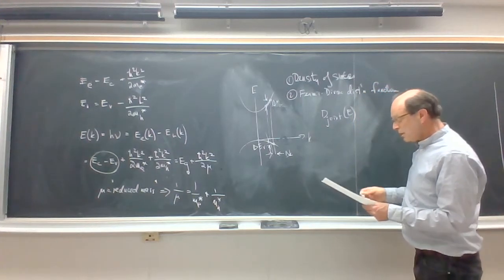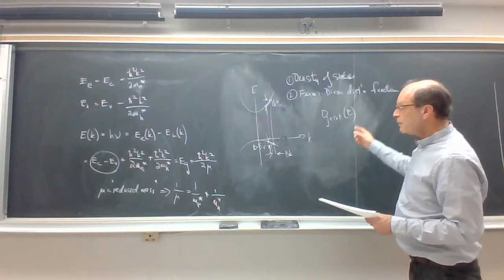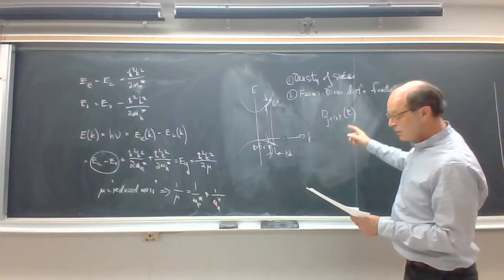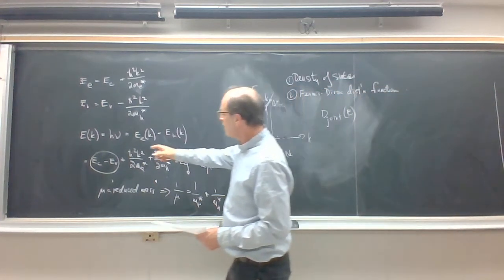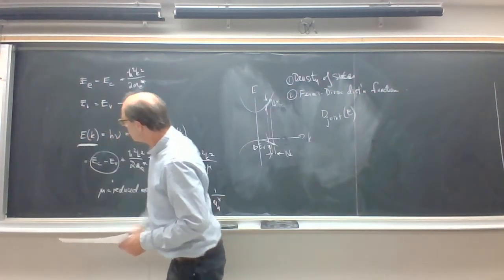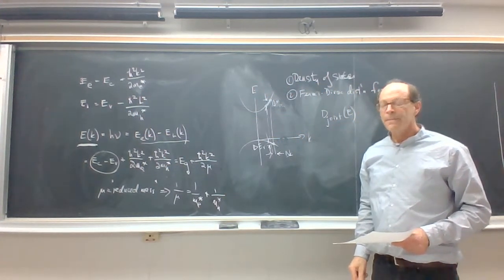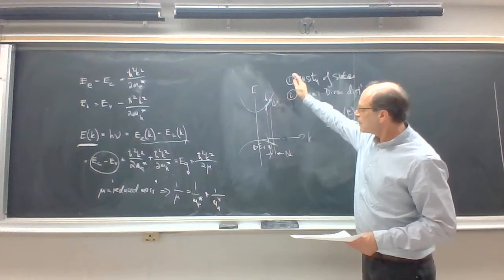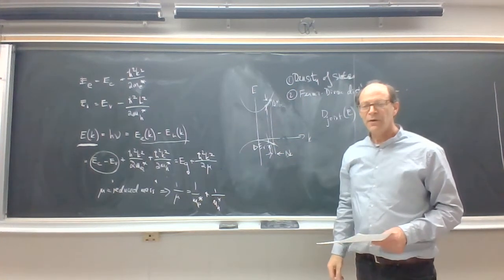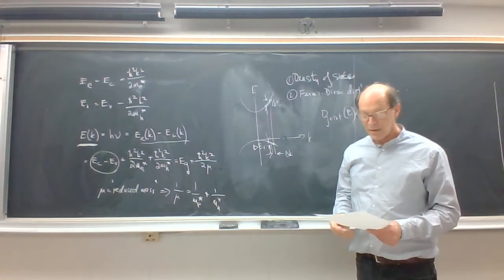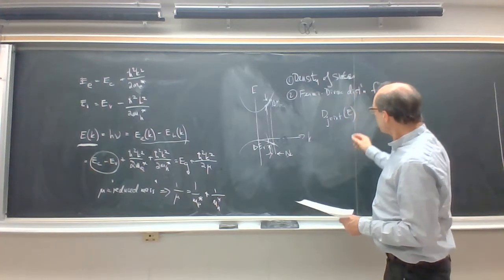So the joint density of states is calculated using the values of E, in which we already added together the energies in the conduction band plus the energies in the valence band. So that will become our joint density of states.